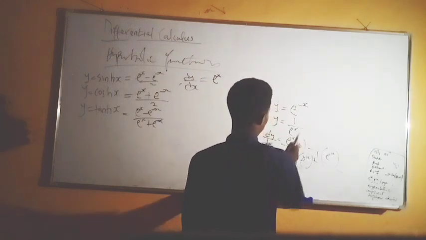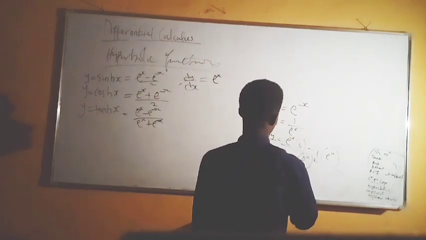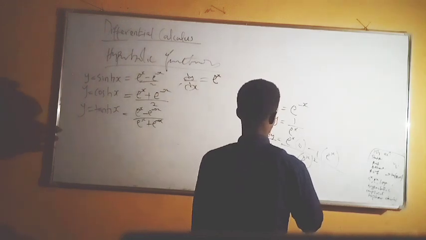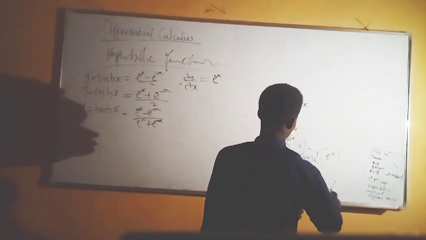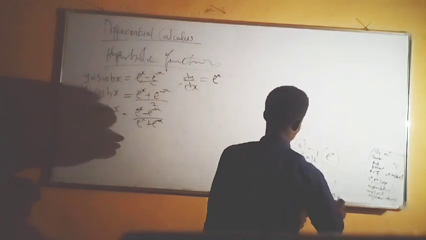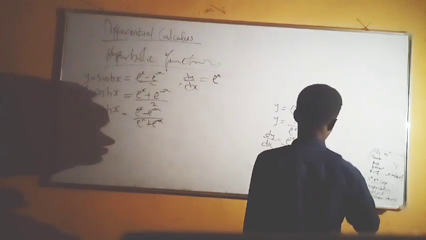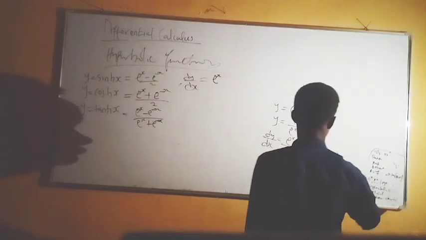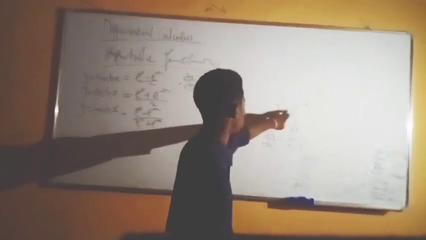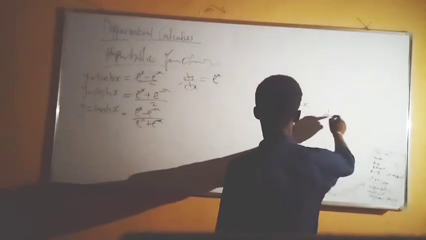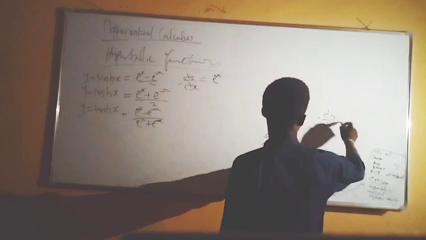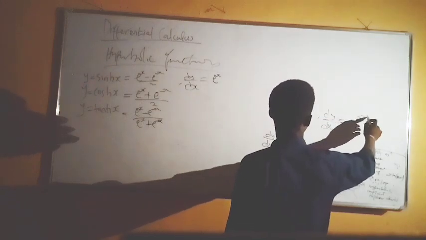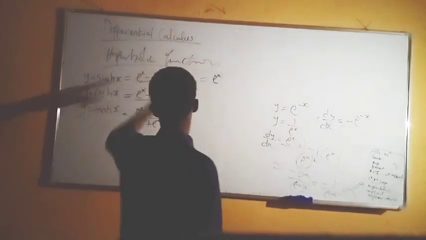This gives us minus e raised to power x over e raised to power x whole squared. That gives us minus 1 over e raised to power x, which is minus e raised to power minus x. So if I differentiate this, dy/dx is minus e to the minus x.